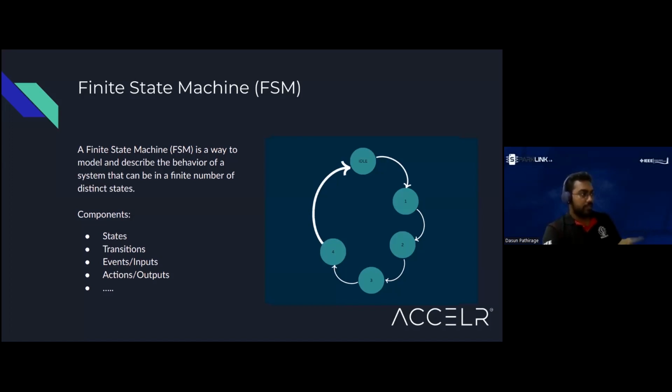Once you have built a circuit, you can't change it at runtime. Here, focus on this circle: there are an idle state and state 1, state 2, state 3, state 4 and so on. The main thing is that there should be a finite number of states to describe the behavior of the model that we are going to describe.